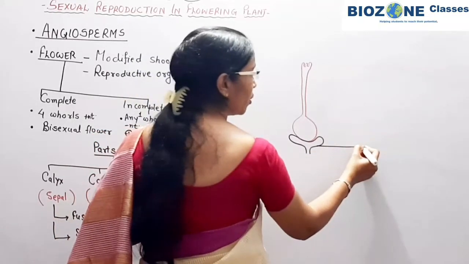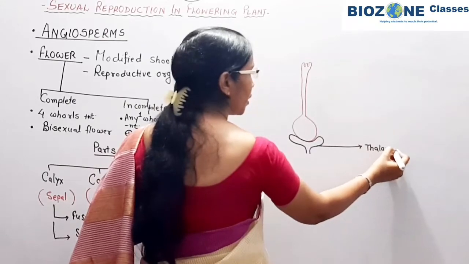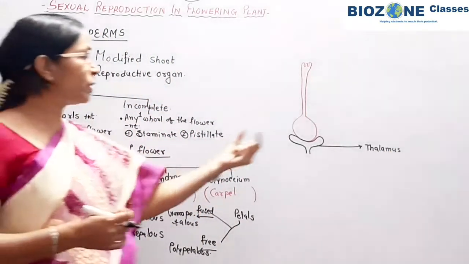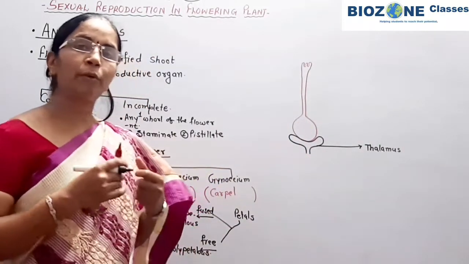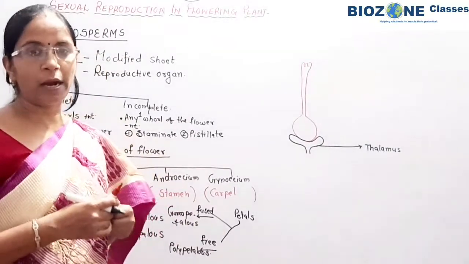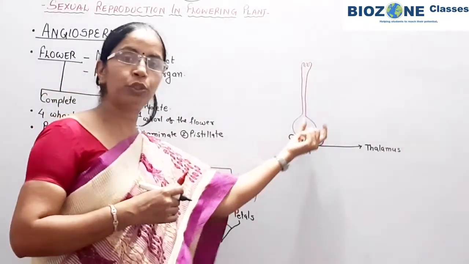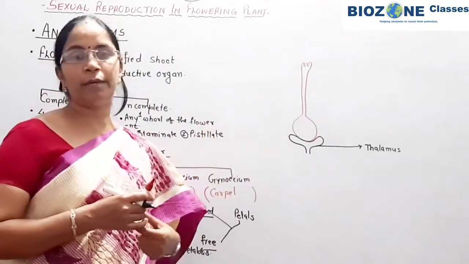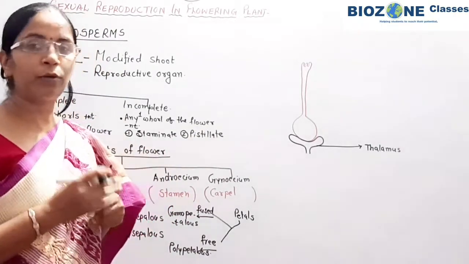That receptacle of the flower is called the thalamus. All the floral parts which are present towards the thalamus are called the proximal end, and the part of sepal, petal, androecium or gynoecium which is present away from the thalamus is called the distal end of that particular part.